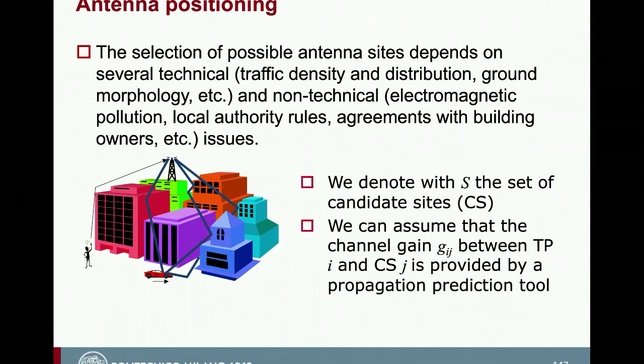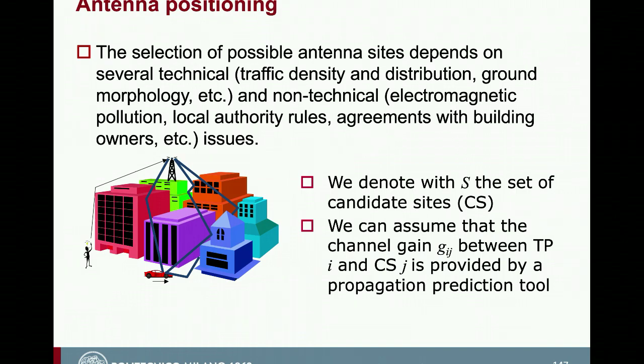A candidate site is a site where we assume we can, if we want, install a base station. Of course, in the case we are expanding the network, the set of candidate sites may include sites where you already have a base station and we just want to modify the characteristics of this base station.